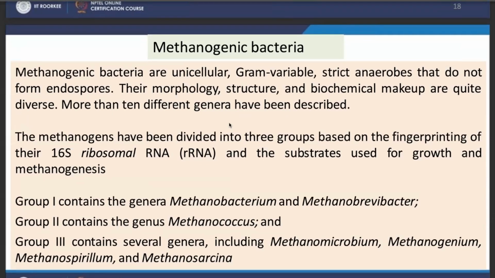We use the fingerprint of 16S rRNA. We're not going to discuss too much about this, but just know that we all have RNA and DNA as our genetic material, and throughout the life forms from prokaryote to eukaryote, 16S RNA is a type of RNA which is found in the ribosome.